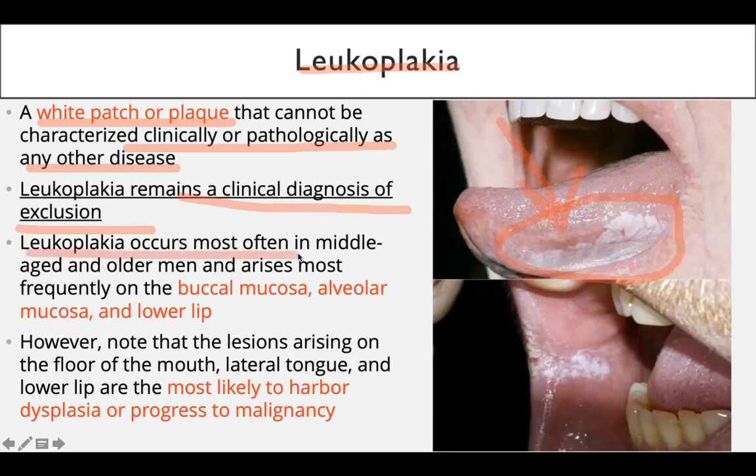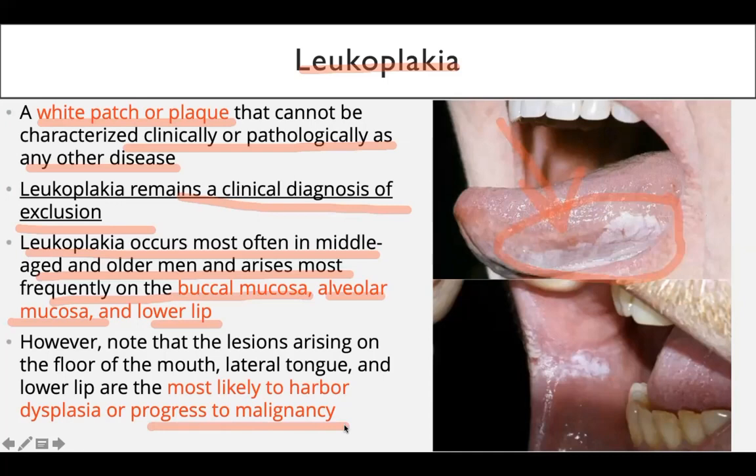Leukoplakia occurs most often in middle-aged and older men and arises most frequently on the buccal mucosa, alveolar mucosa, and lower lip. However, note that the lesions arising on the floor of the mouth, lateral tongue, and lower lip are most likely to harbor dysplasia and progress to malignancy.